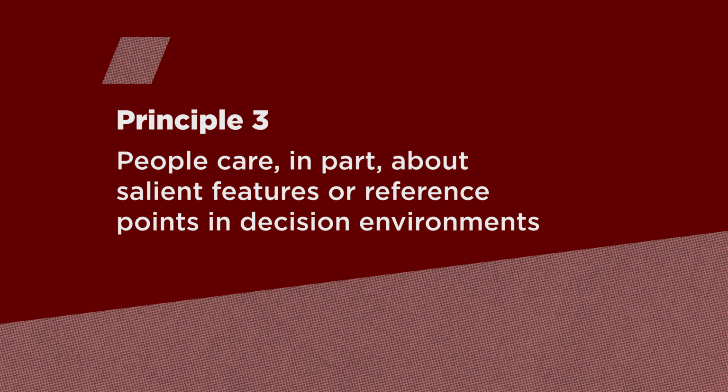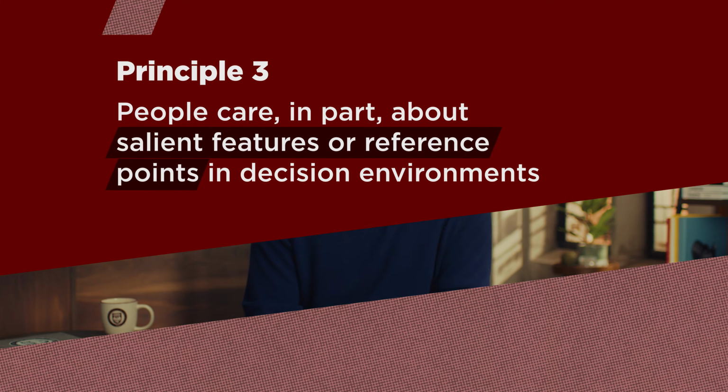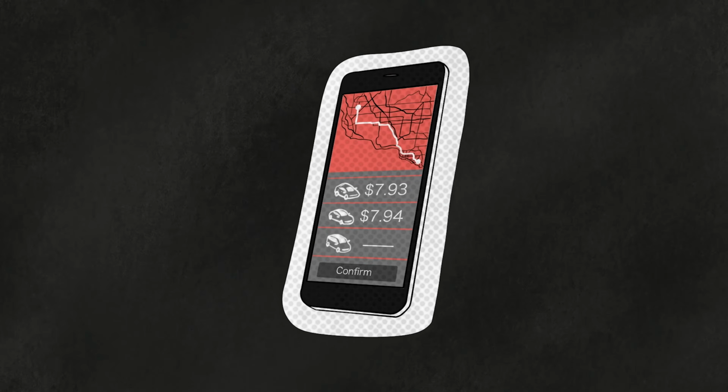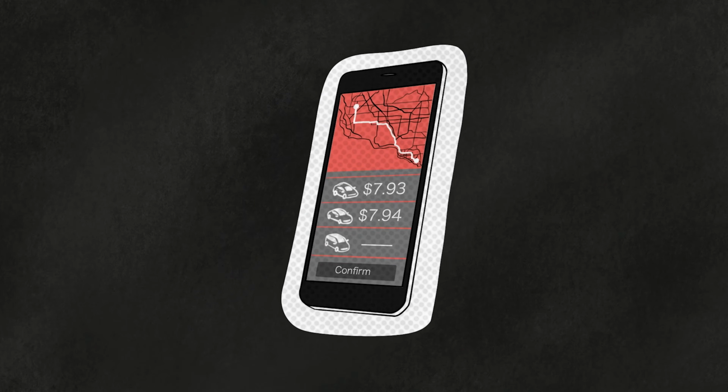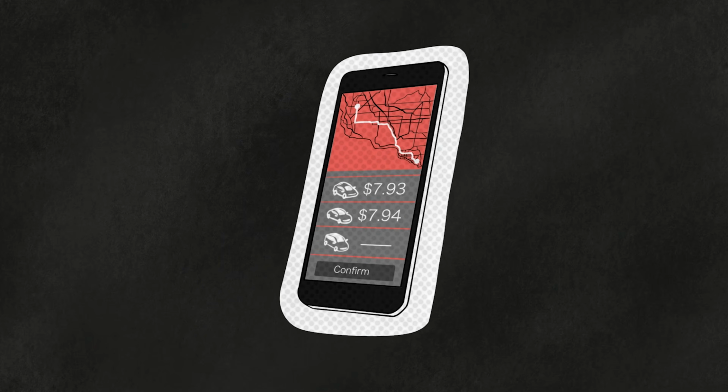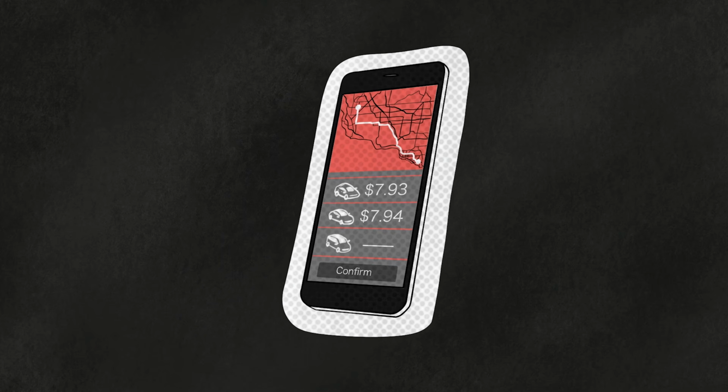Principle 3, people care, at least in part, about salient features or reference points in decision environments. I want you to think about the last time you went on an Uber or Lyft and you looked at a price quote. The price quote might have been $7.94 or $7.93.